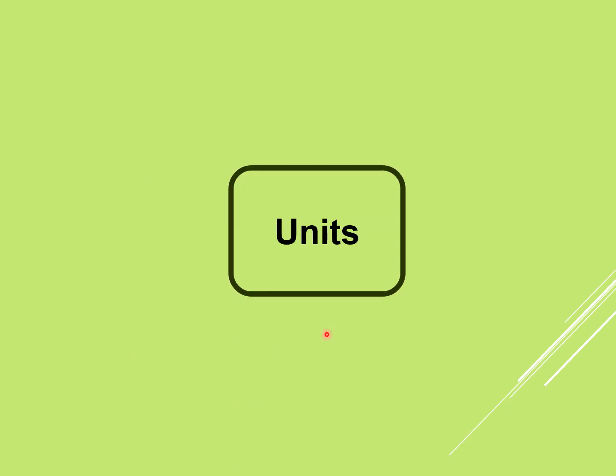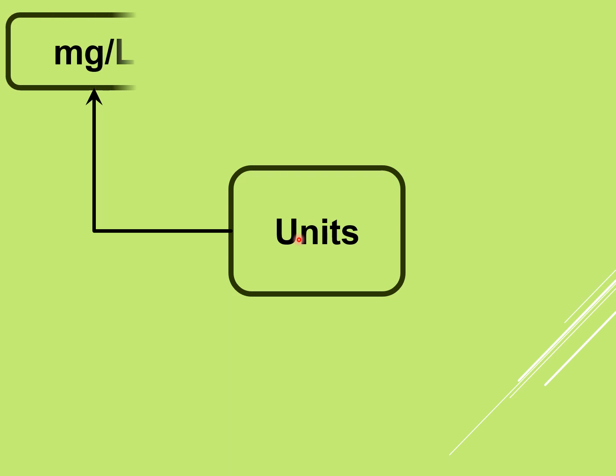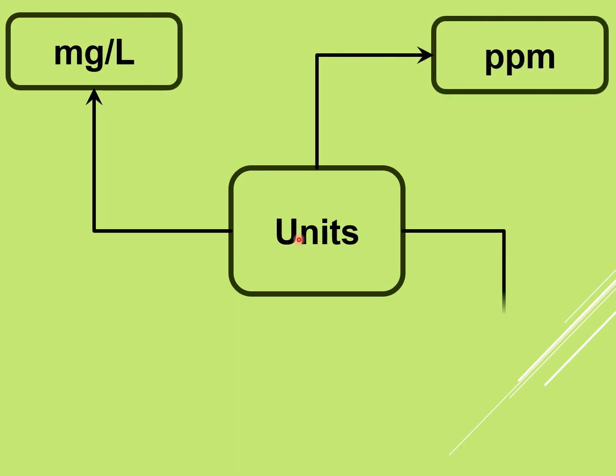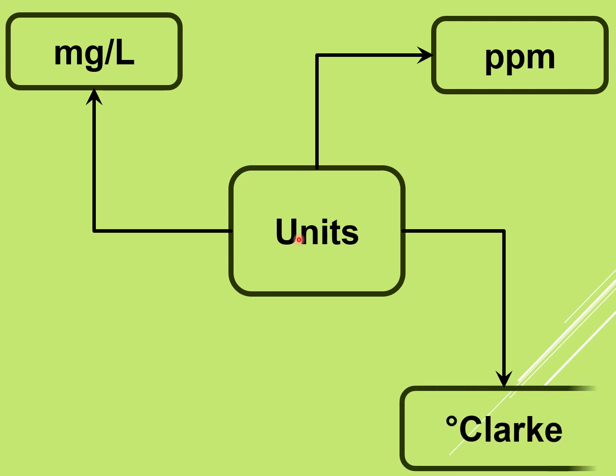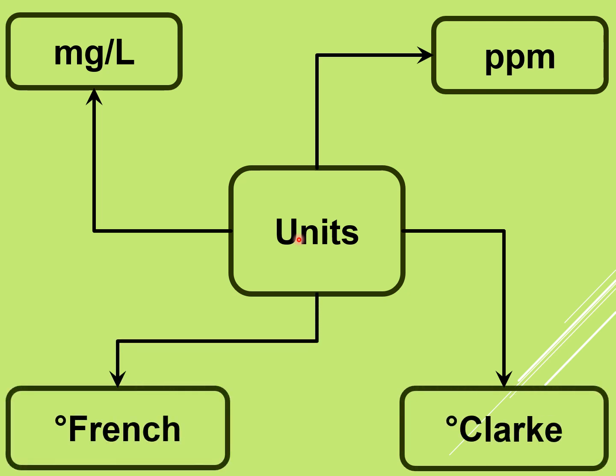Units. What are the units of hardness? Several units are there. One unit is milligram per liter. Another unit is ppm. Yet another unit is degree Clark. Another unit is degree French. These are the four different units for hardness. Milligram per liter is the standard unit, the SI unit. ppm is the commercial unit.